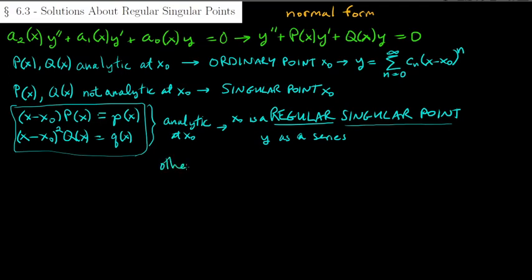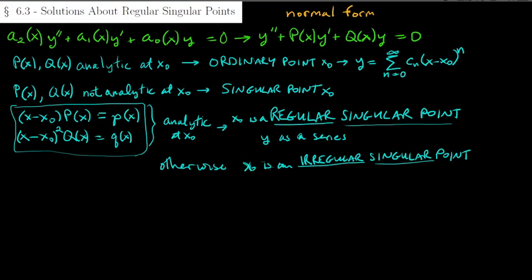Otherwise, x0 is non-regular. It's an irregular singular point, or sometimes called an essential singularity, but we'll stick with irregular singular point. And those are the really bad ones. Those are the ones that we might not be able to do anything with.